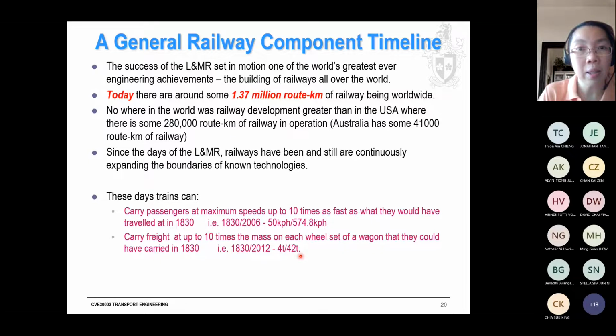It means that nowadays we can travel faster, arrive at our destination in a shorter time, and move a lot more materials in just one trip. So production is higher, and we can get goods to destinations in a shorter time.